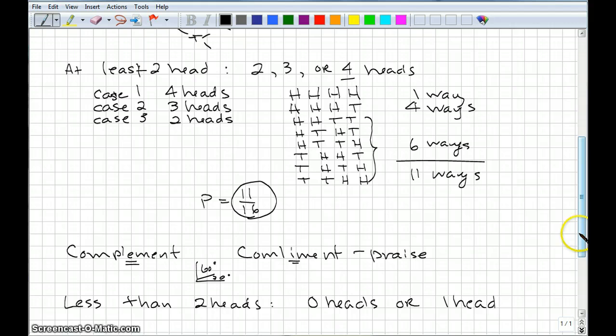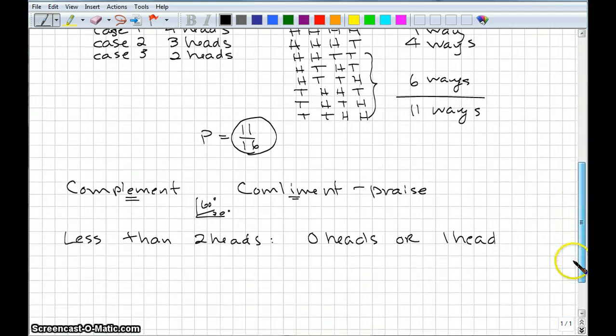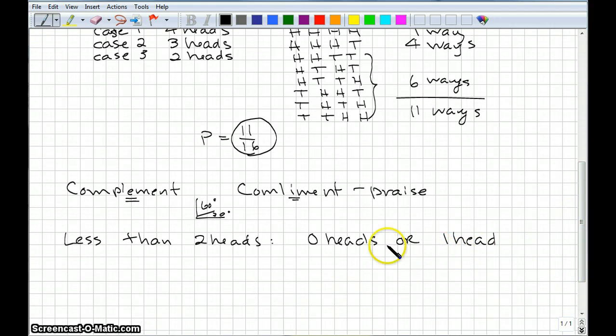So let's do that. Let's count the complement and then subtract it from the total possibilities. So let's do the case where we have 0 heads. 0 heads just means it's tails, tails, tails, tails, right? So there's one way to get that.